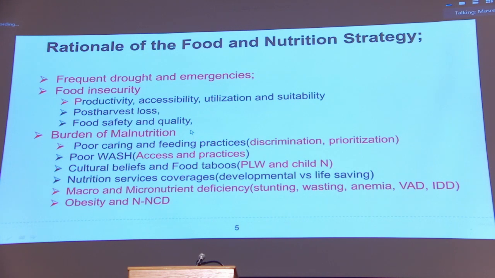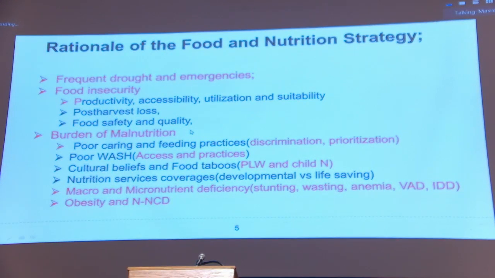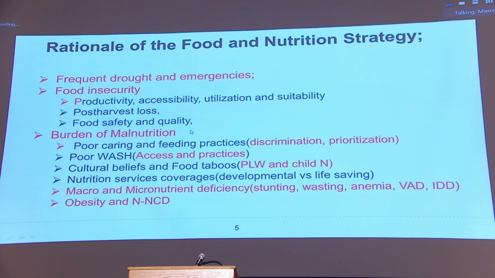I will not go through all of them, but most importantly, the burden of undernutrition and overnutrition, including micronutrient deficiency and stunting, is very high in Ethiopia. And there is also high food insecurity, which could be related to drought and emergencies, both man-made and human-related factors.